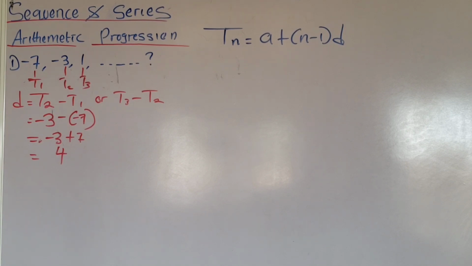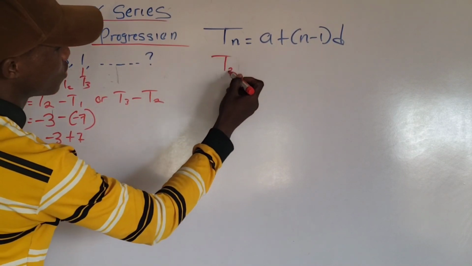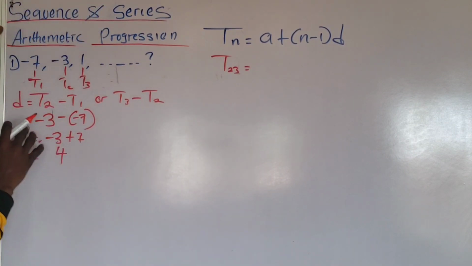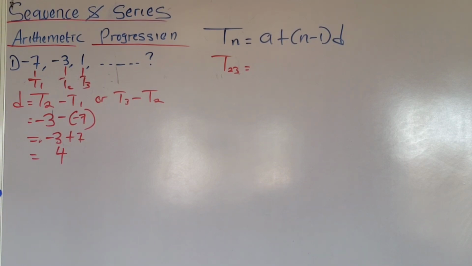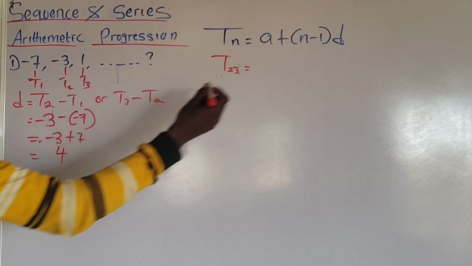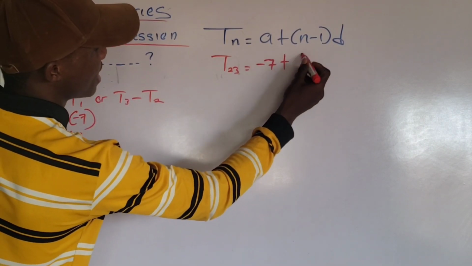Now, having gotten the difference, you can easily determine the 23rd term, because the question says we should determine the 23rd term of the sequence. So T23 is equal to A. A is the first term, the first number in our sequence. So I'm going to have -7 plus n minus 1.